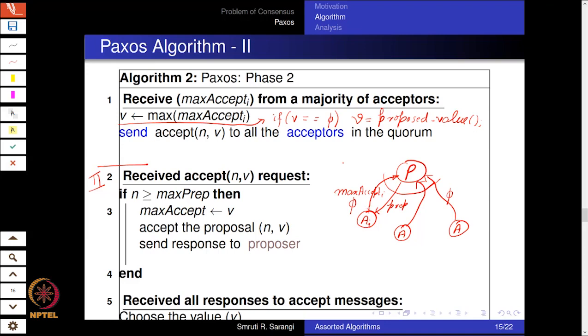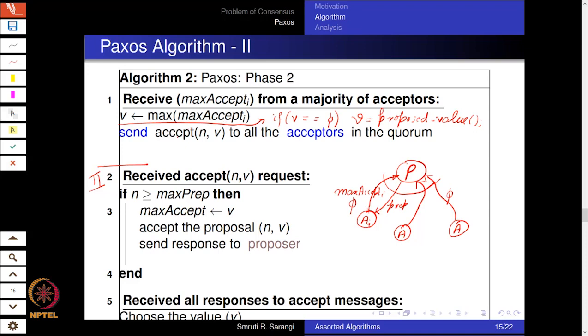It gets the freedom only when all the acceptors return a null value, and then the proposer proposes a value and sets it to v. Otherwise, it needs to take the maximum of the values that it has gotten.